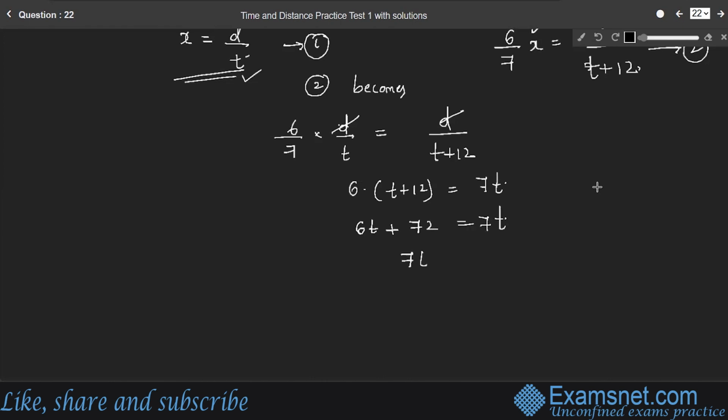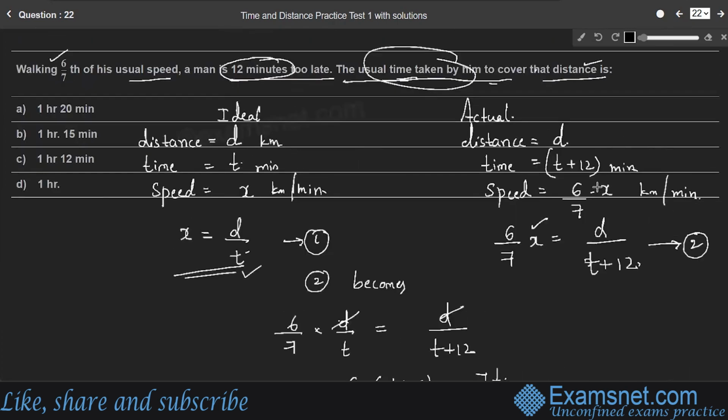So t value is 72 minutes. So the usual time taken by him to cover the distance d is 72 minutes, which is nothing but 1 hour 12 minutes. It takes 1 hour 12 minutes to cover the distance in the ideal case, in the usual time. So option C is the right answer.